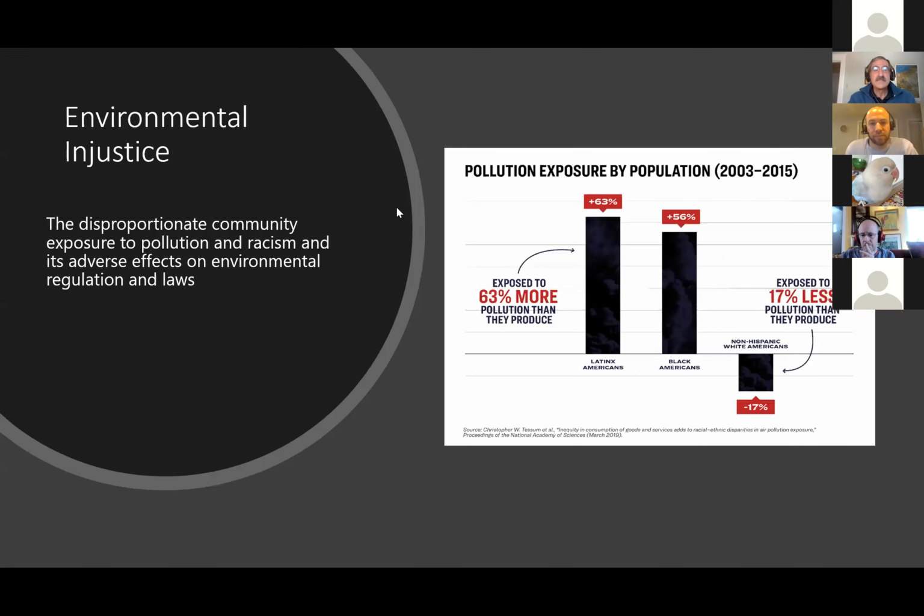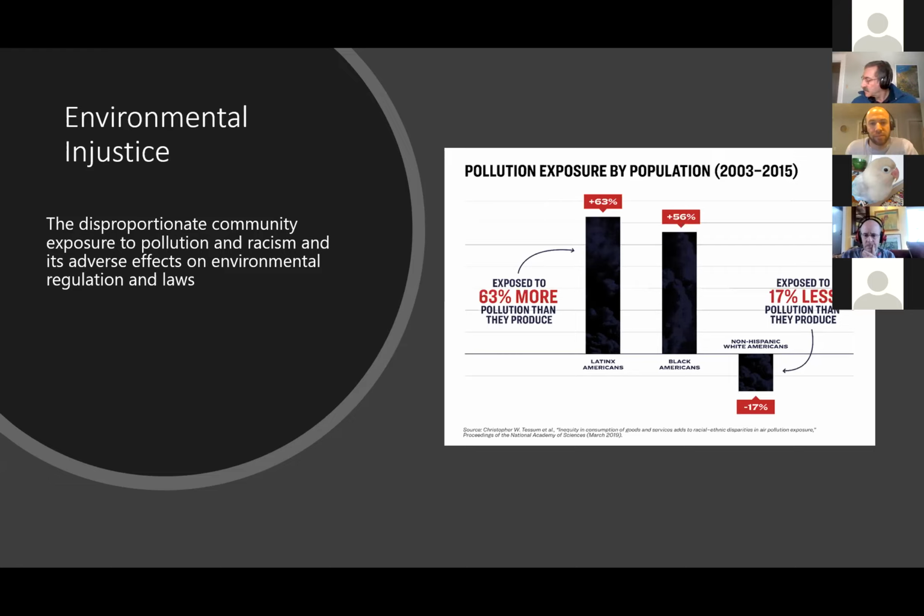What is environmental injustice? Environmental injustice is the disproportionate community exposure to pollution, racism, and the adverse effects. So it's the disproportionate, that's what environmental injustice is. And if you look at the chart that's on the slide, you'll see when you talk about disproportionate exposure, Latinx Americans are 63% more likely to live in areas where there is pollution.